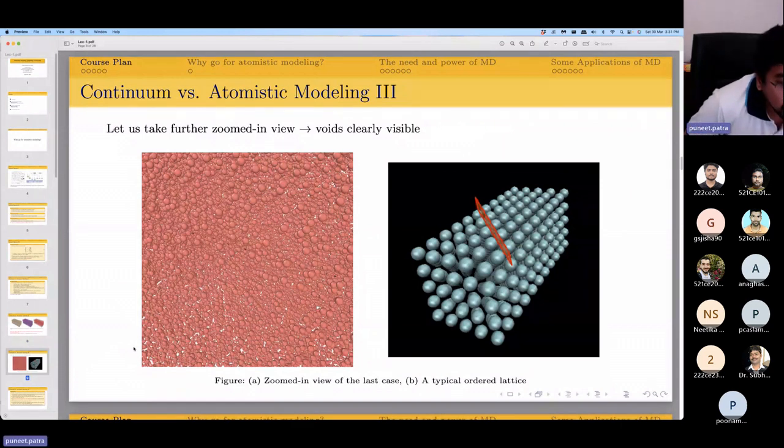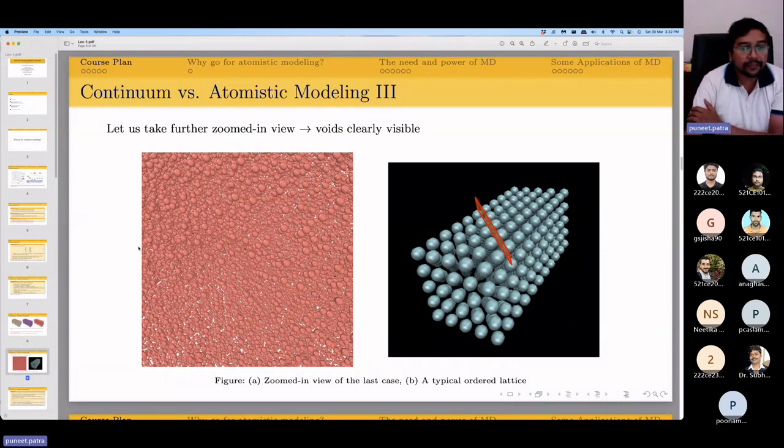Taking the figure on the right hand side of the last slide, I kept zooming in again and again, and I then ended up with the figure which is shown here on the left hand side. You can clearly observe the void spaces. In presence of so much void space, we are going to typically have certain consequences, which we will discuss in the next few slides.